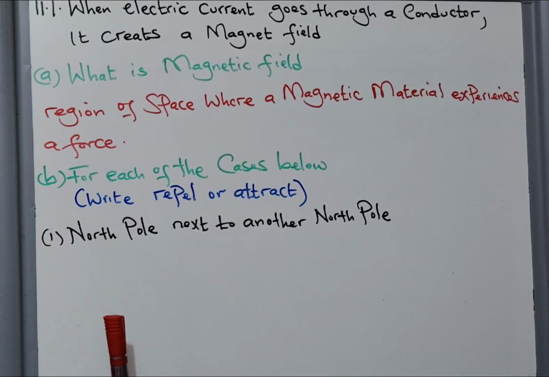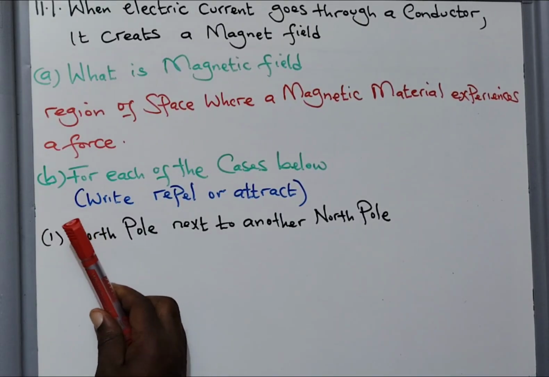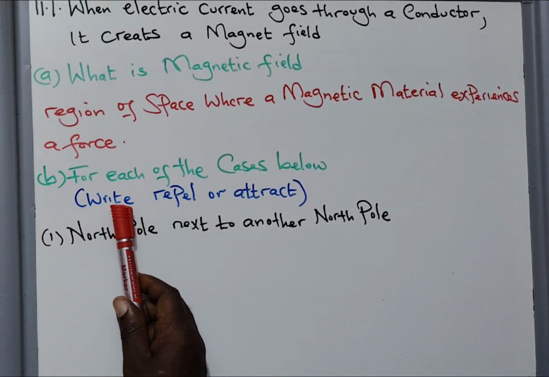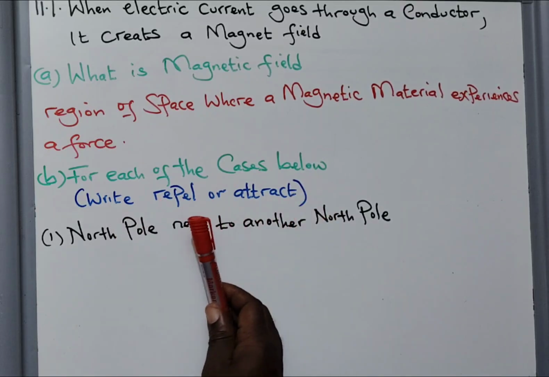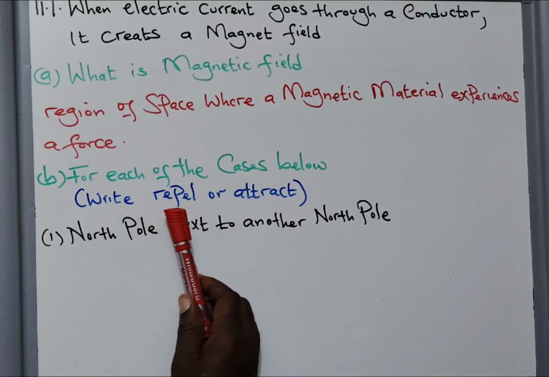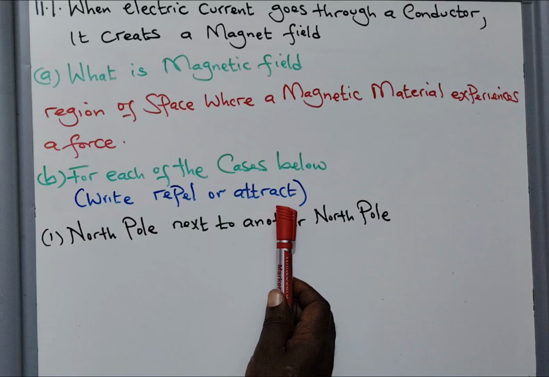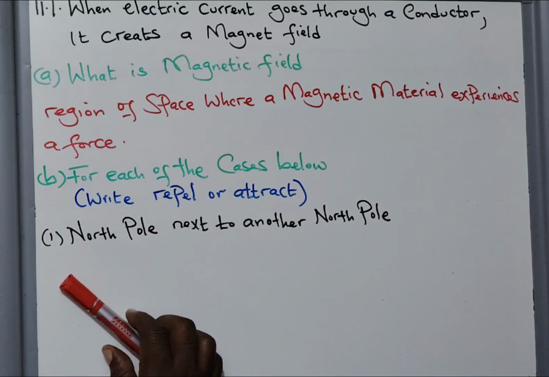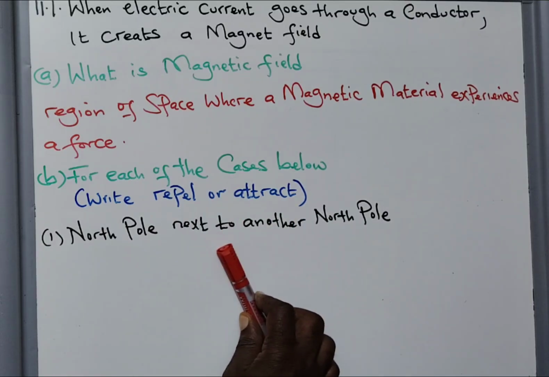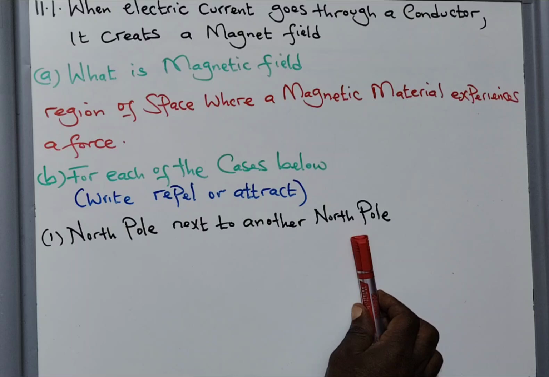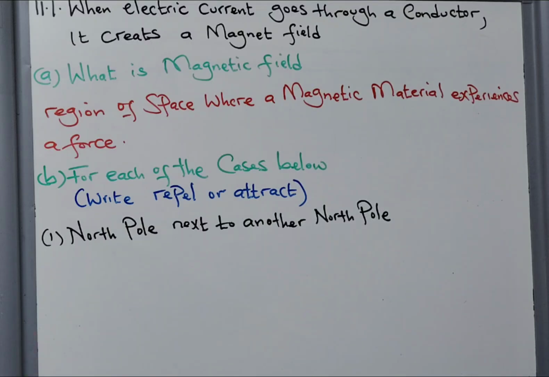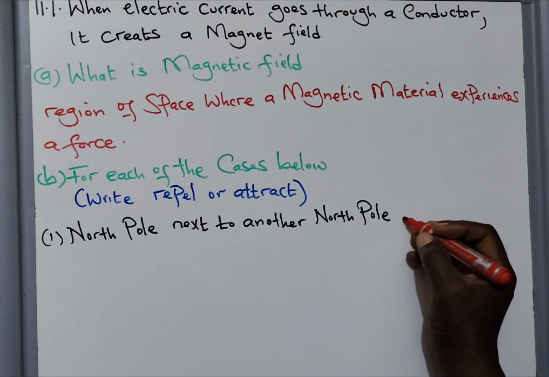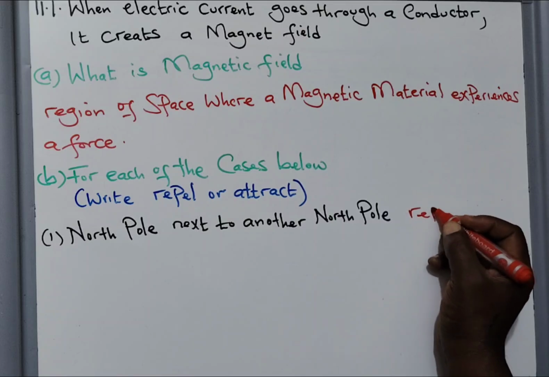Then we come to this one. It says that for each of the cases below, write repel or attract. Look at the first one, North Pole next to another North Pole. What happens here is repel.